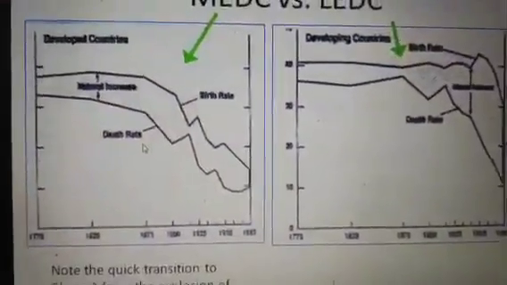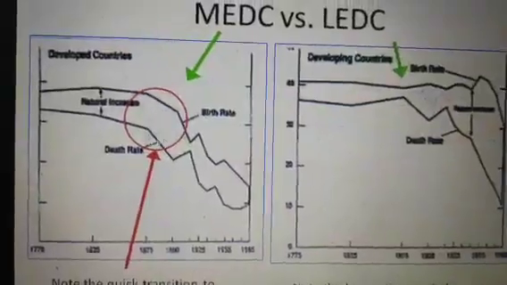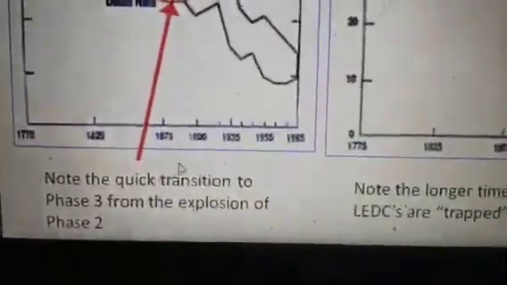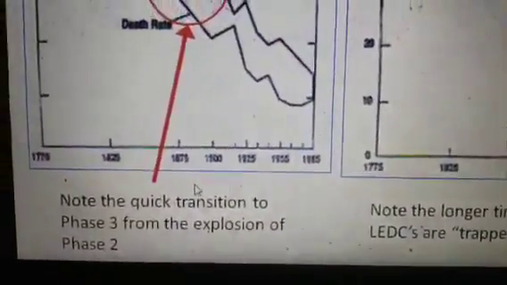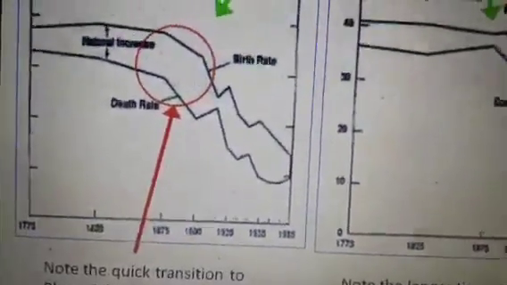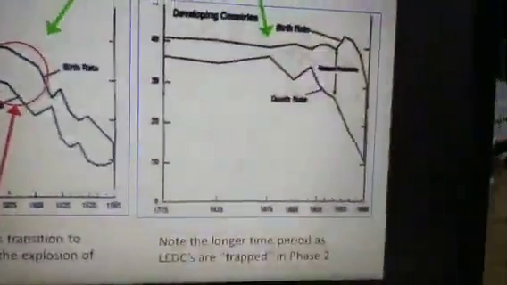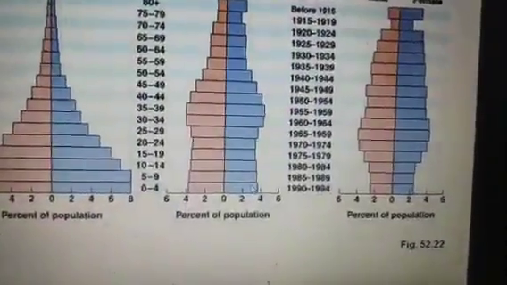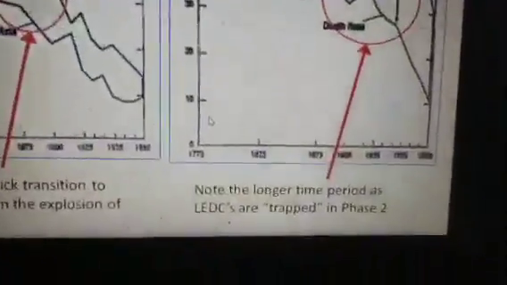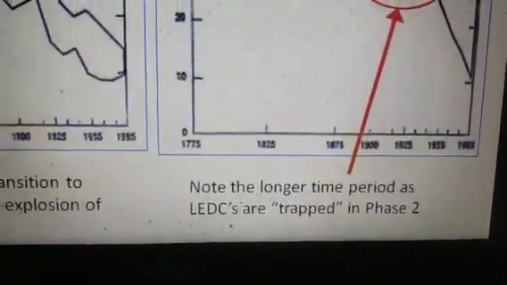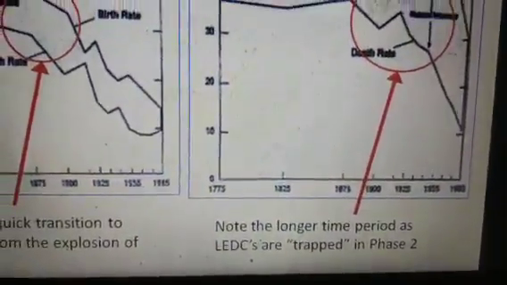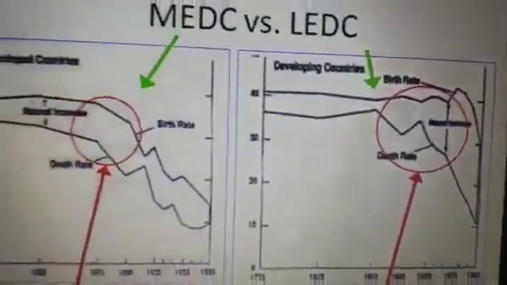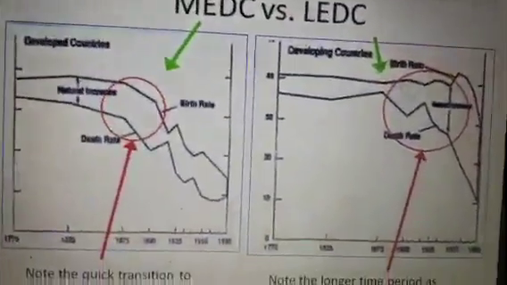This round one denotes the quick transition to phase 3 from the explosion of phase 2 in the demographic transition. And in developing nations, you can see the longer time period spent trapped in phase 2. So this is the difference between developed nations and developing countries.